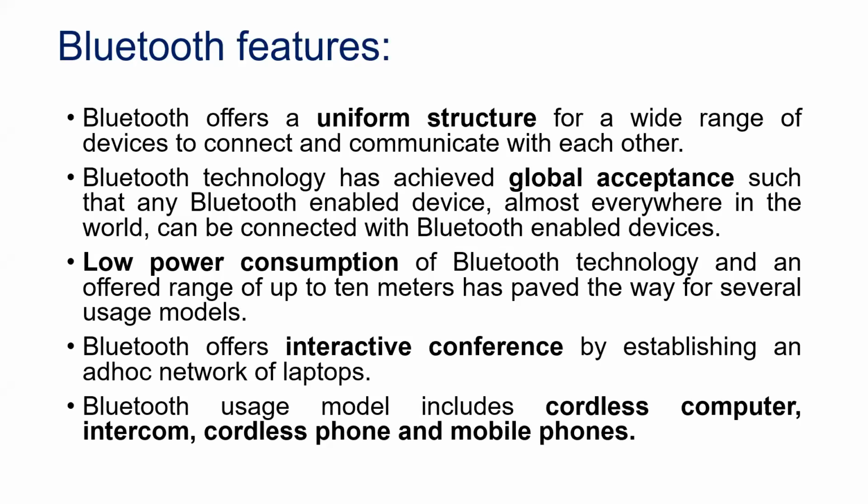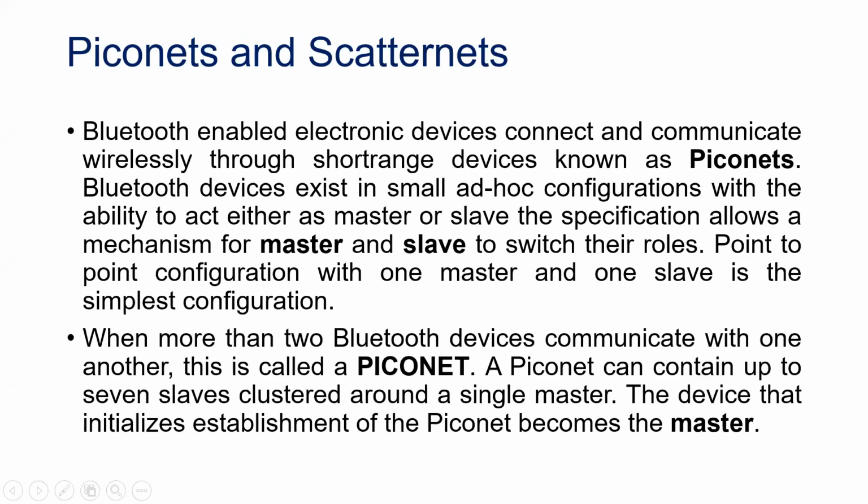Now let us go to the basic architecture of Bluetooth. The basic architecture of Bluetooth can be divided into piconet and scatternet. A small network of Bluetooth enabled devices is formed, and this network is called a piconet.